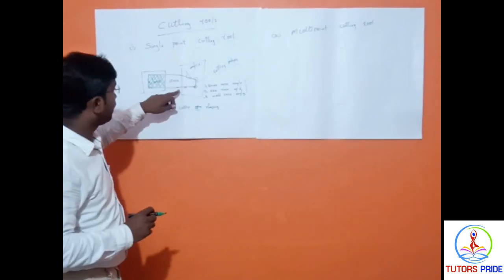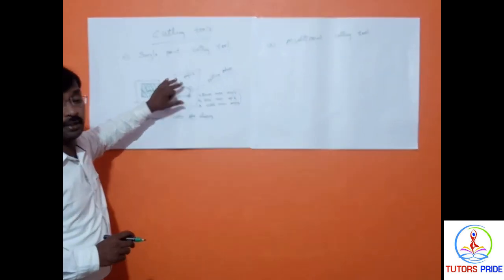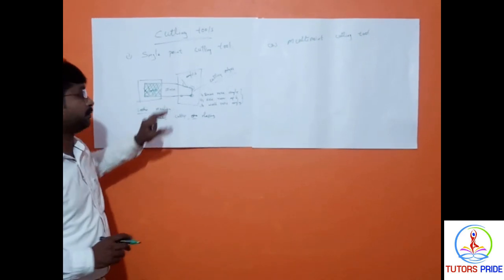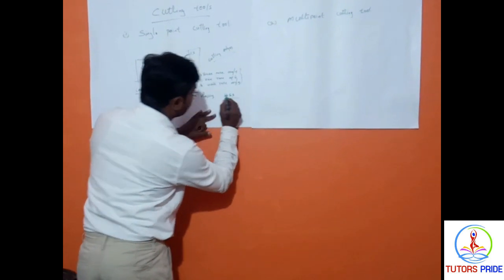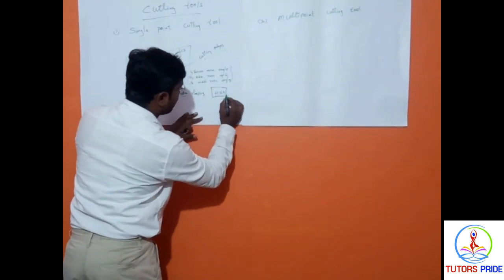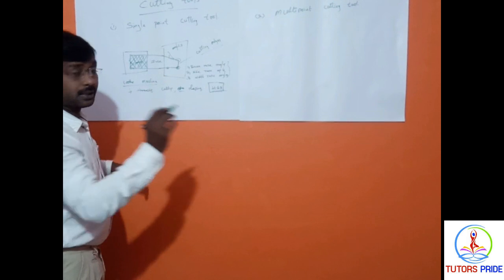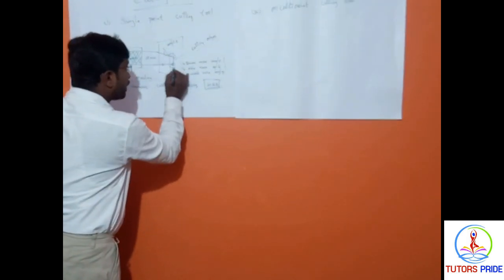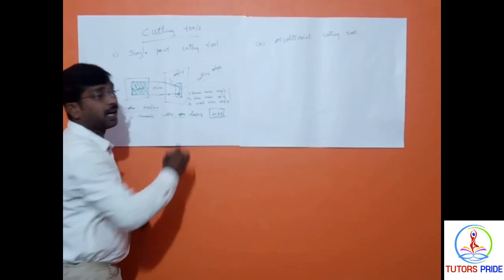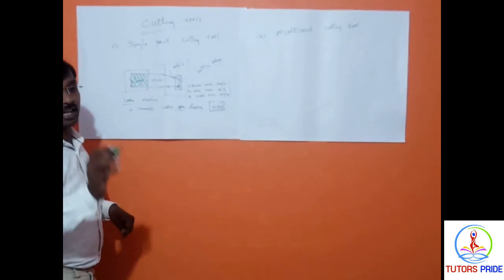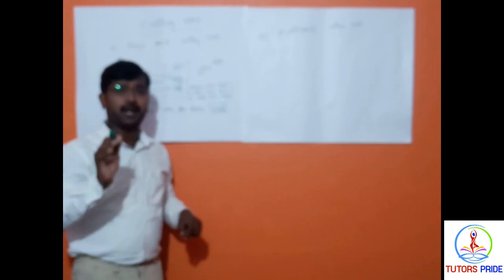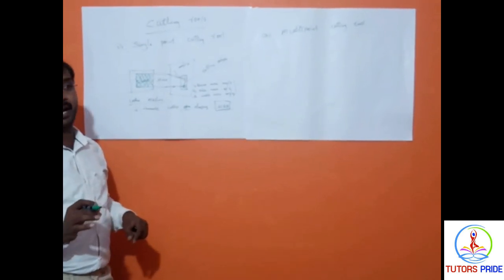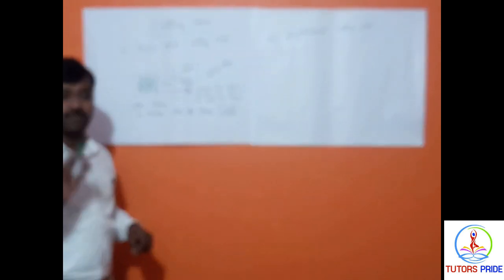See, the tool is manufactured with carbide material, carbon steel, or high speed steel material. The main body is manufactured with high speed steel material, but the front part is manufactured with carbide tips. Why the carbide tip? Because the carbide tip has a higher melting point and can resist a greater amount of heat.